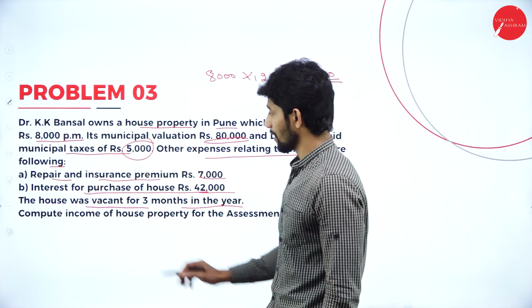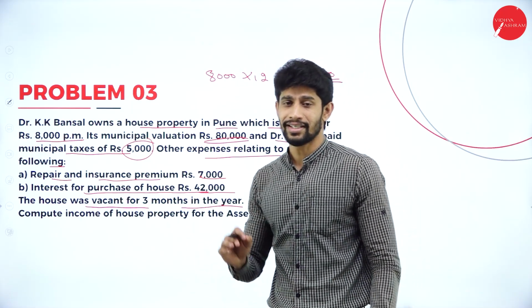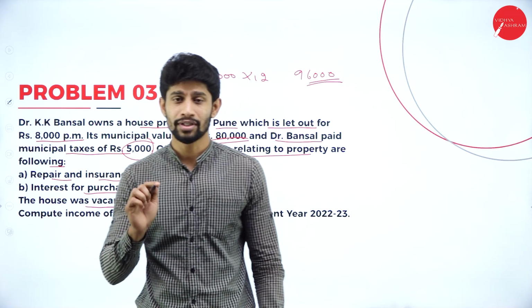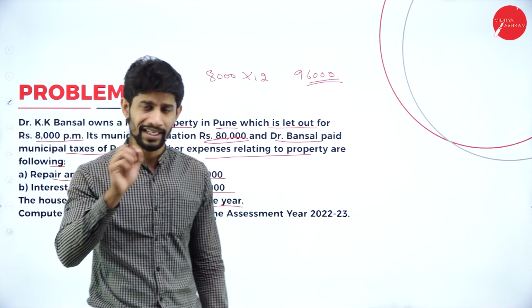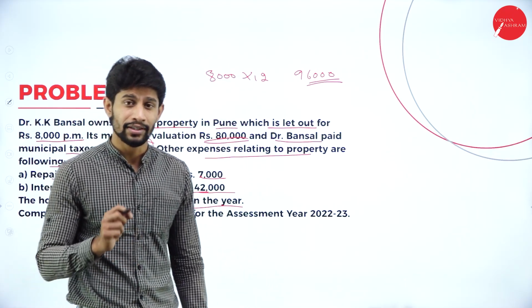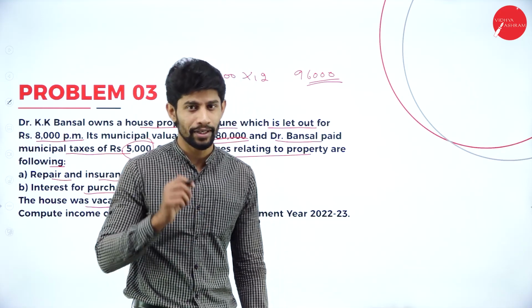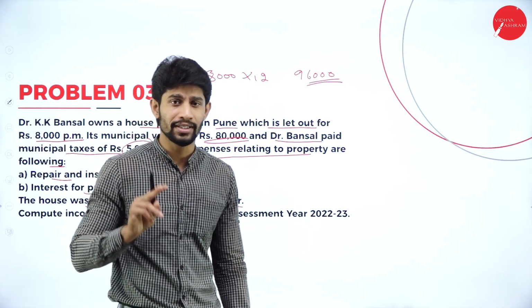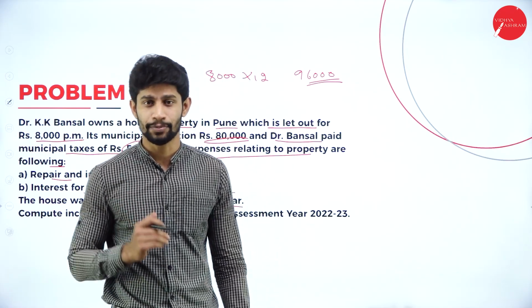So here repair and insurance charges is given. How much? 7,000. See, except 30% of annual value and interest on loan, that too, the loan should be taken for the purpose of construction of house or repair of house. Only those two expenditures can be deducted from the annual value, not any other expenditures.